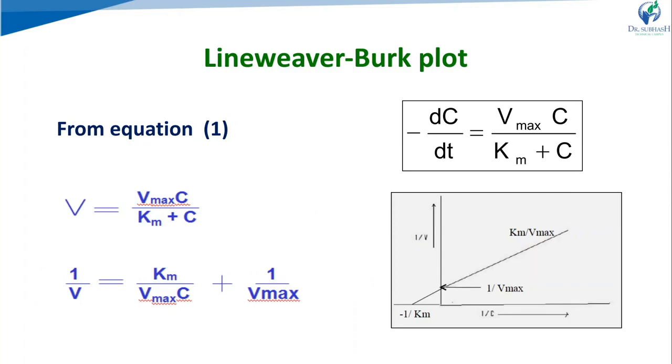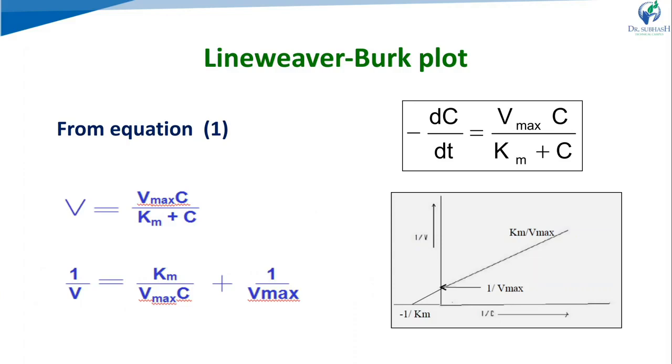Representing minus dC/dt as V, V is equal to Vmax into C upon Km plus C. After the reciprocal, the equation becomes 1 upon V is equal to Km upon Vmax into C plus 1 upon Vmax.